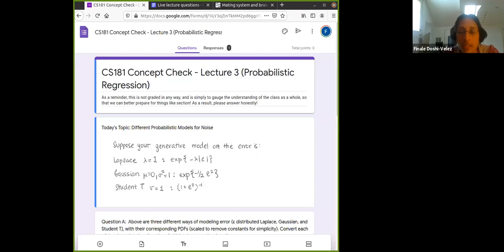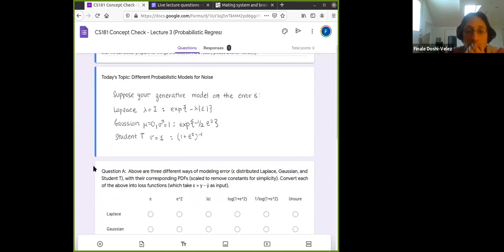So the question that we're going to be looking at today is very related to a question that was asked about different models. Can we have different noise models? We're going to look at the three noise models that I mentioned: the Laplace distribution, the Gaussian distribution, and the student T distribution. These are three different pictures that you should have in your head.